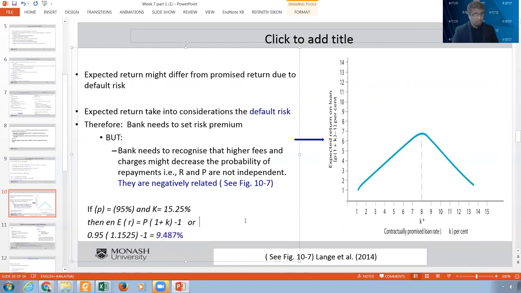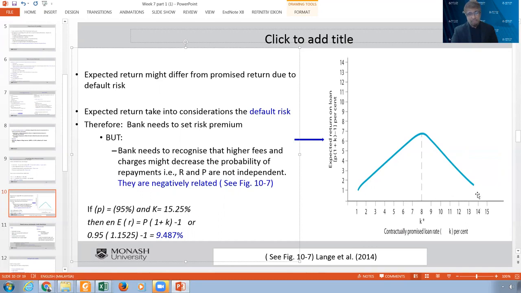Now, one more thing before I leave this slide is how much we should charge. Now, we want to charge at this point. And why do we want to charge at this point? Because this is the rate. You can charge 1%, 2%, this is when you price, 3%, 5, 7, until you reach 15. So a normal thinking would say, well, the customer needs the loan and I can give him the loan, and because he is under stress or he needs that loan, I can charge him 15% and he will sign the contract.